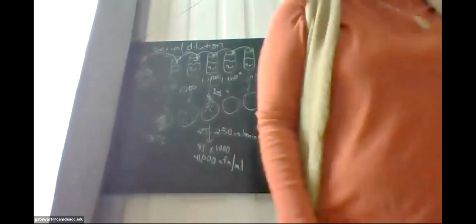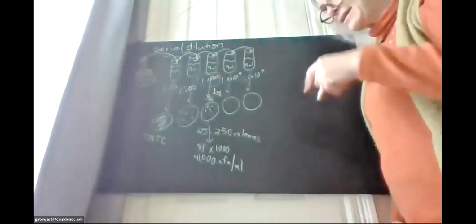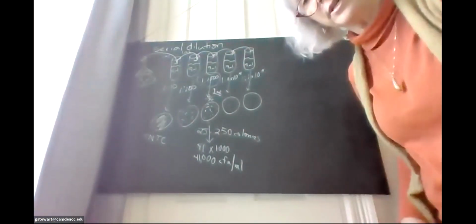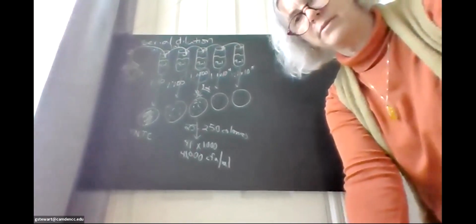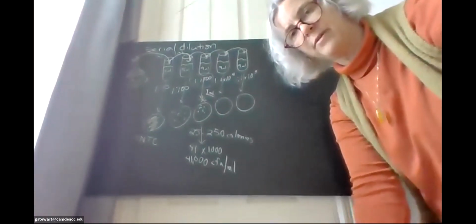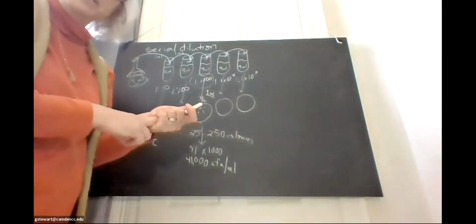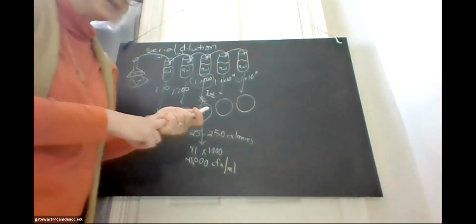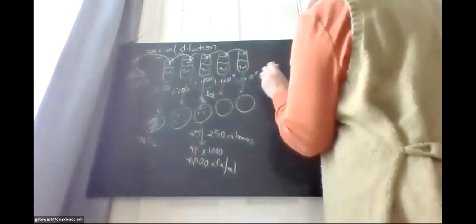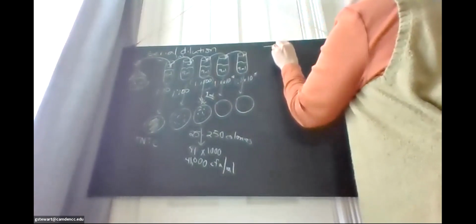So if you guys refer back to the slide that I shared with you earlier, the second method, I believe, was turbidity that we were going to look at. And I am going to have to draw on this side of the board.